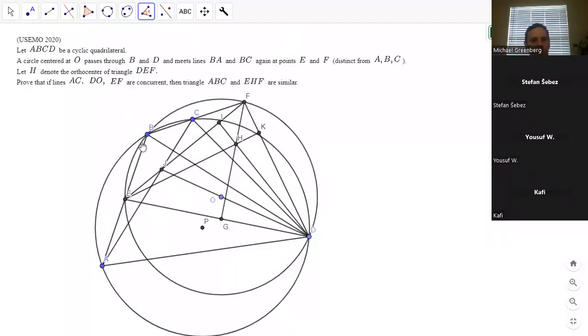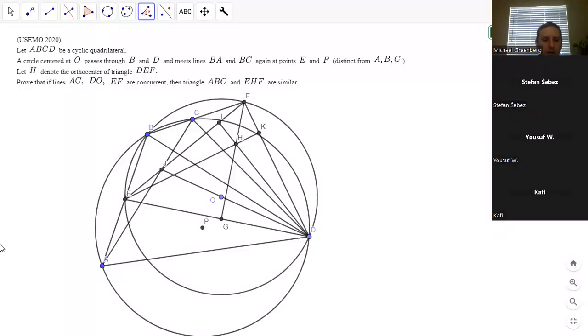So I think it can be angle chased that angle ABC equals EHF. I think that's an easy angle chase. So we just need one more of those angles to be equal. Which one should be equal to which one?